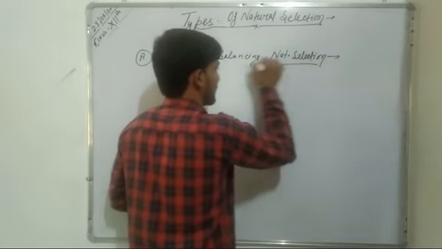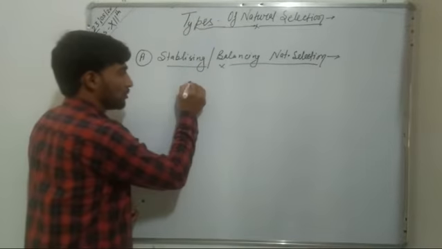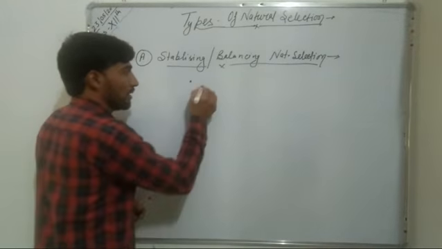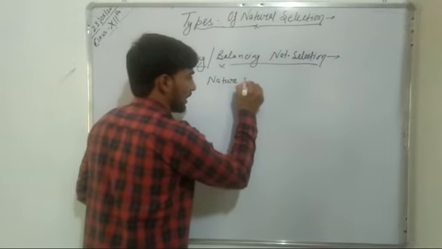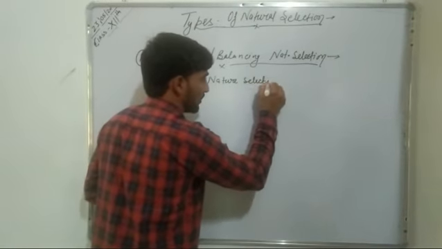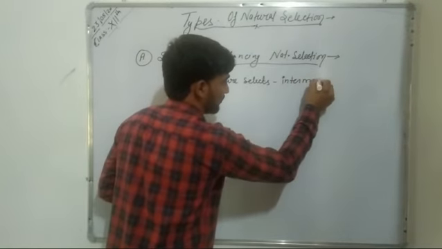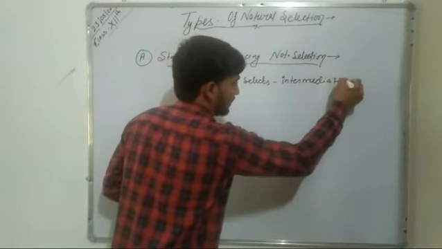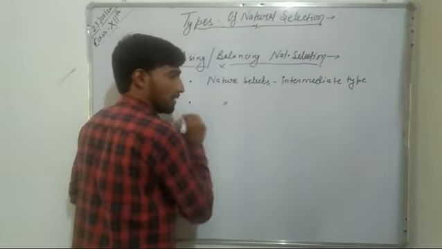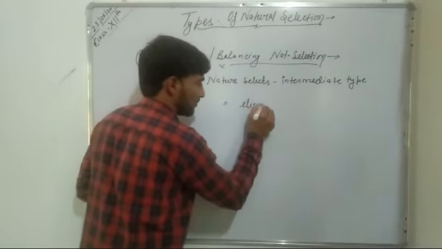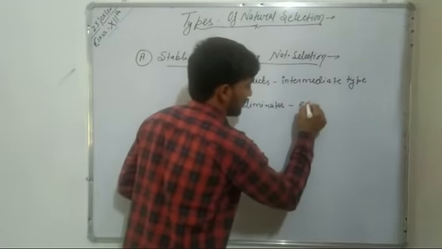Now what happens during stabilizing or balancing type of natural selection? During such type of natural selection, nature selects intermediate types and nature eliminates the extreme types.